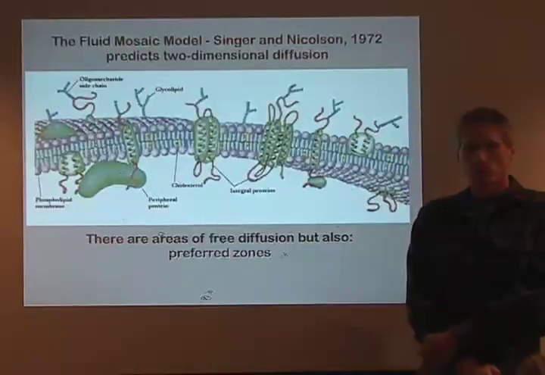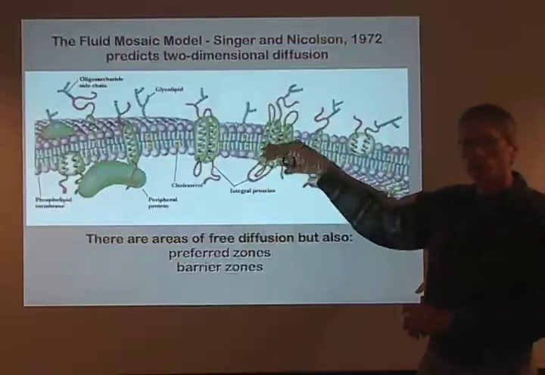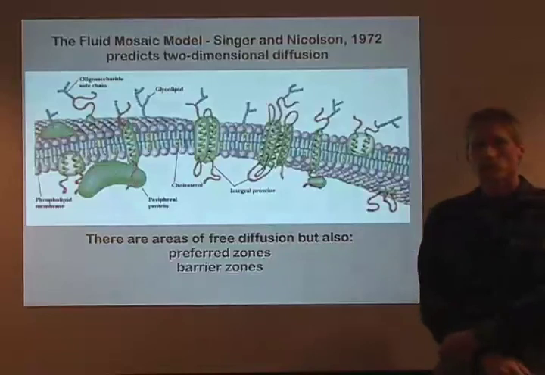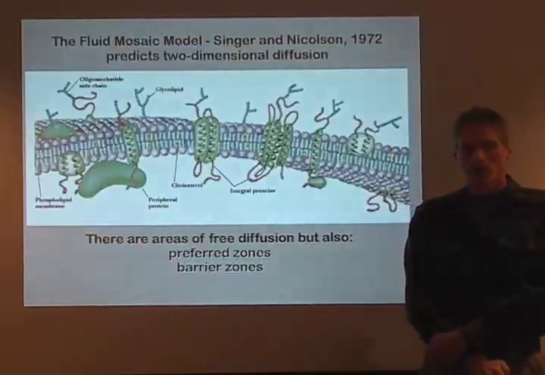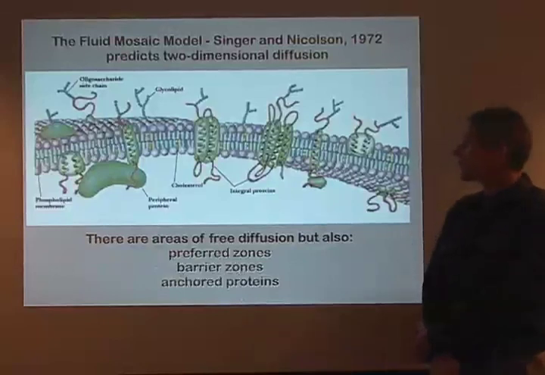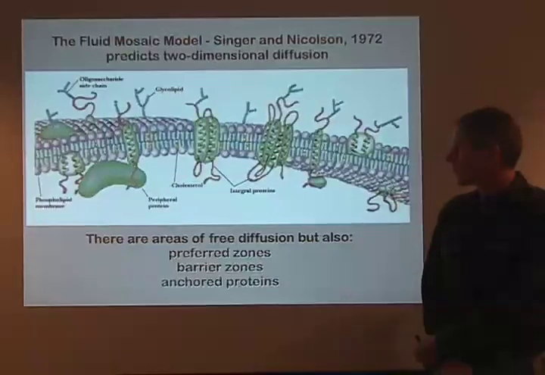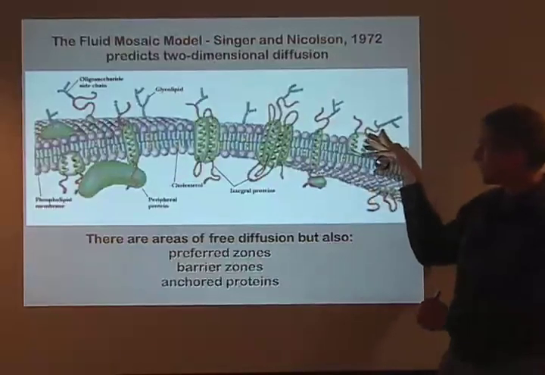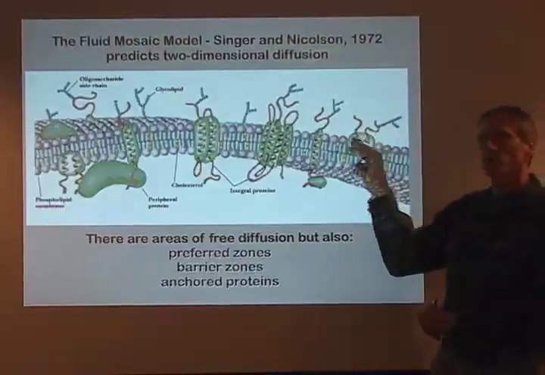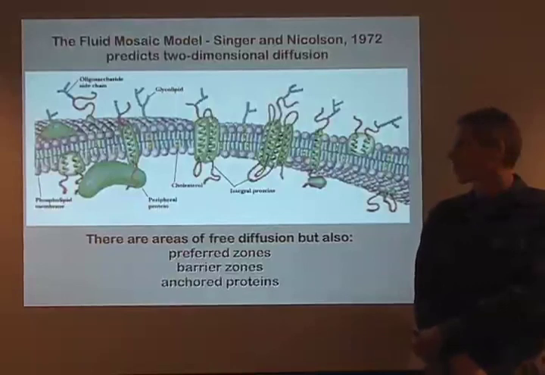These are preferred zones. There are regions attached to the inner cytoskeleton, which form barriers, so those are barrier zones. And there are also proteins anchored to the cytoskeleton. Some proteins don't move at all. So it's a two-dimensional fluid, but it's really packed with protein. And some of the proteins are stuck, forming barriers, or they're stuck to the cytoskeleton.